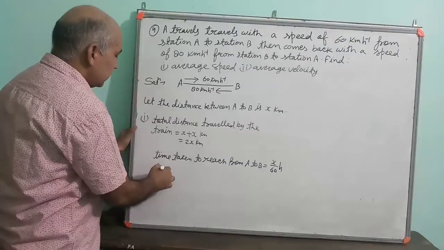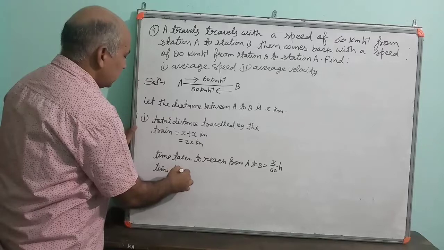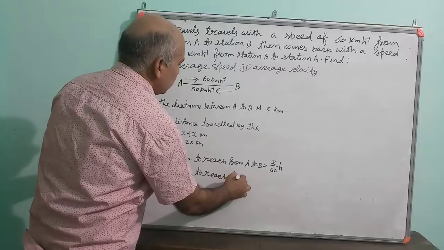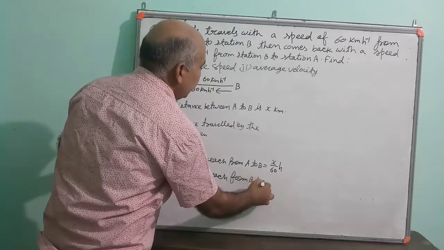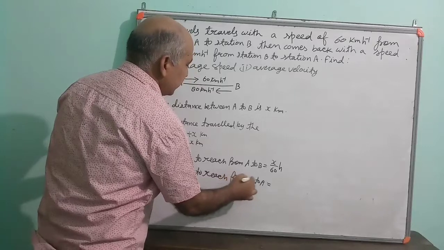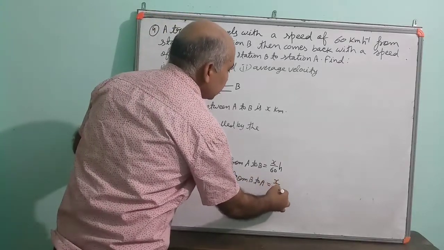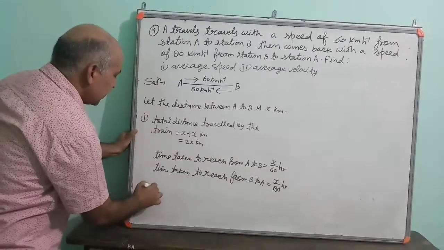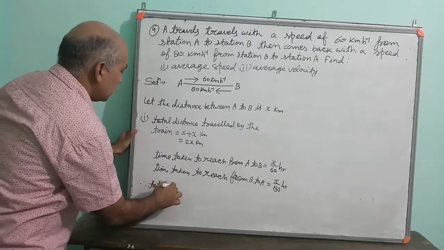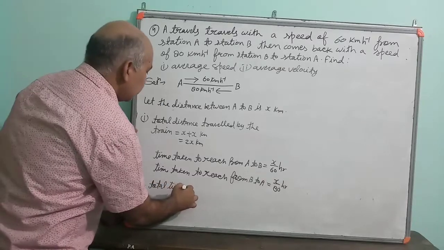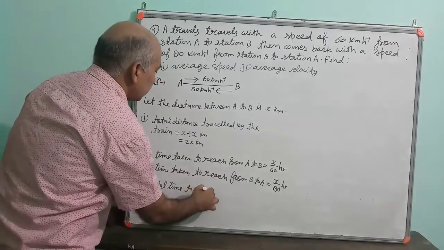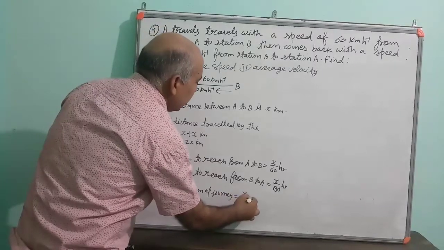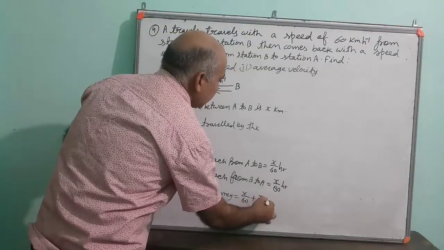Okay, and time taken to reach from B to A. Time taken from B to A, this will be x upon 80 hours. Is this clear? So what will be the total time? Therefore, total time of journey will be x upon 60 plus x upon 80 hours.